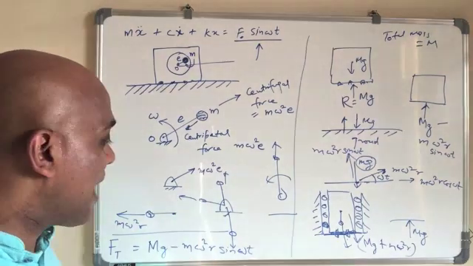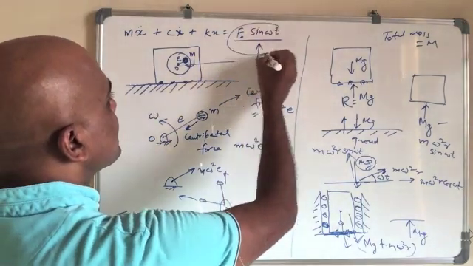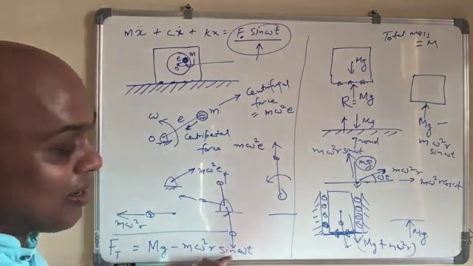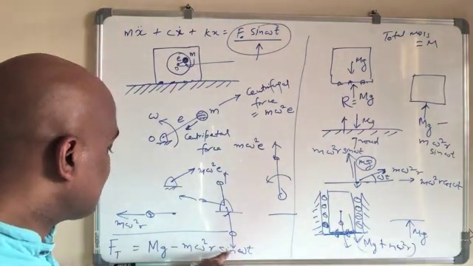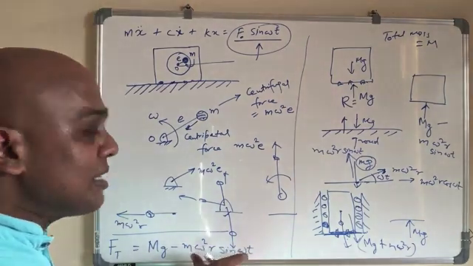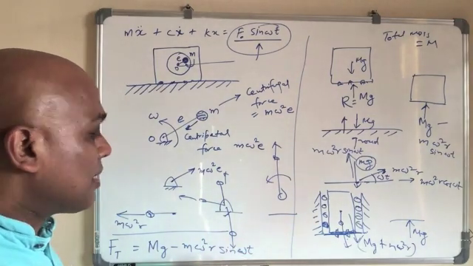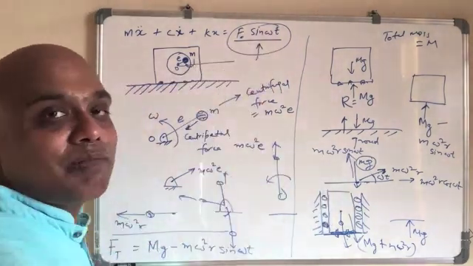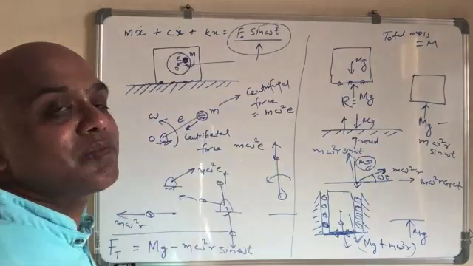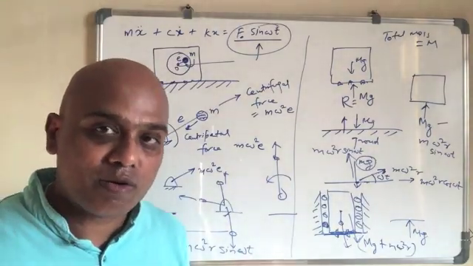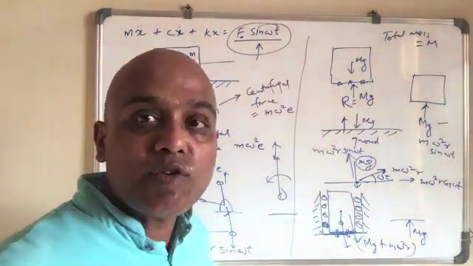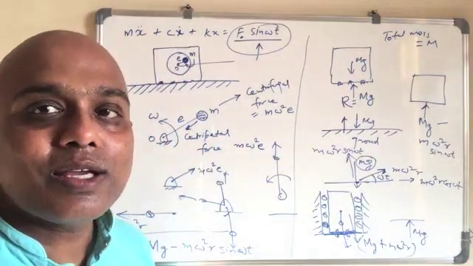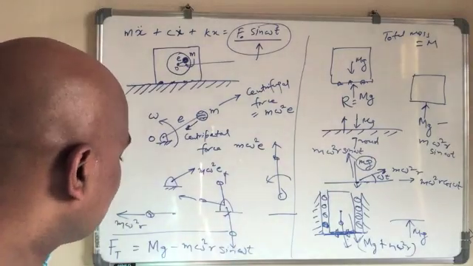This excitation part is the sinusoidal part, and this is the harmonic force we have been talking about. This is the source of the force we have found out. Once we have that, the next thing is what to do with this.